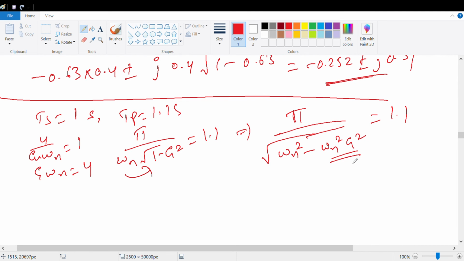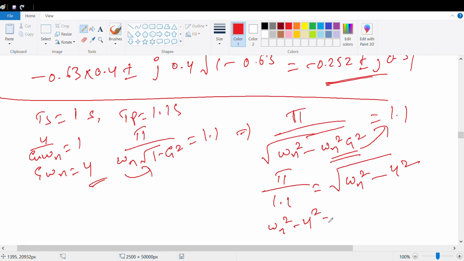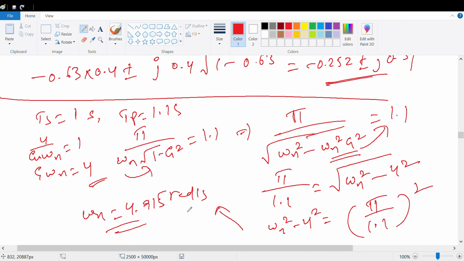We know the omega n zeta value, so pi by 1.1 equals the square root of, moving this side, omega n square minus omega n zeta square, which is 4 square. So omega n square minus 4 square equals pi by 1.1 square. From this we can get omega n: 4.915 radians per second.